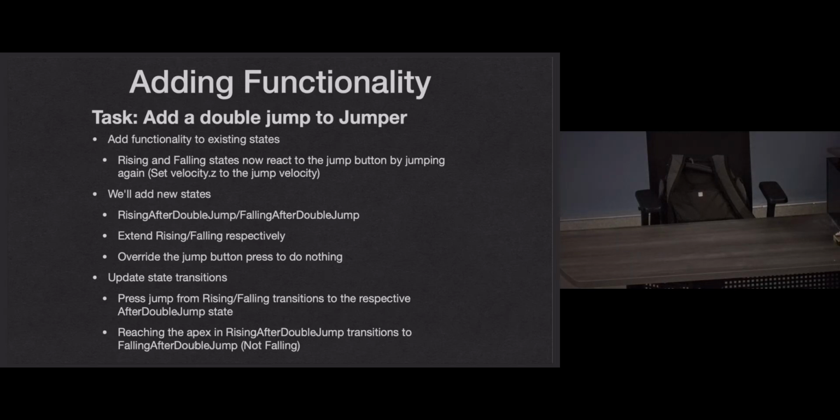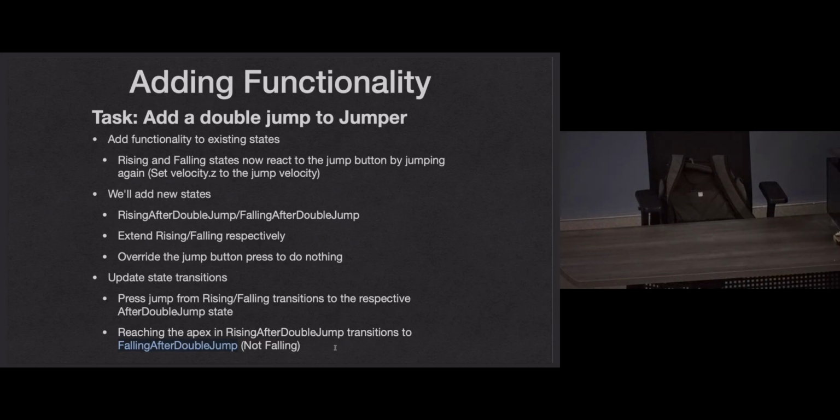And when we hit the apex, we're going to transition to falling after double jump and not falling. This would be a common bug to make, an easy mistake to make, to transition from rising after double jump to falling. So we do have one extra method to override. When you hit the apex, we have to override that state transition. If we forget to do that and we transition from rising after double jump to falling, well, the falling state allows a double jump.